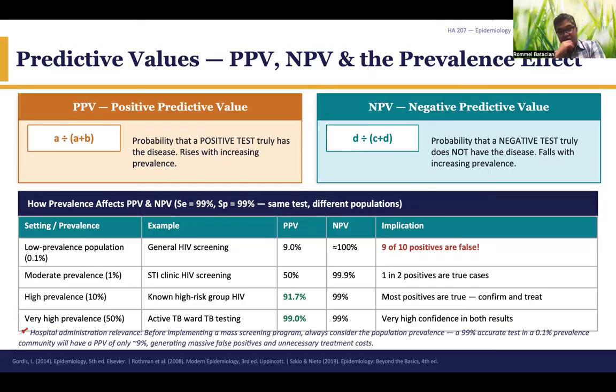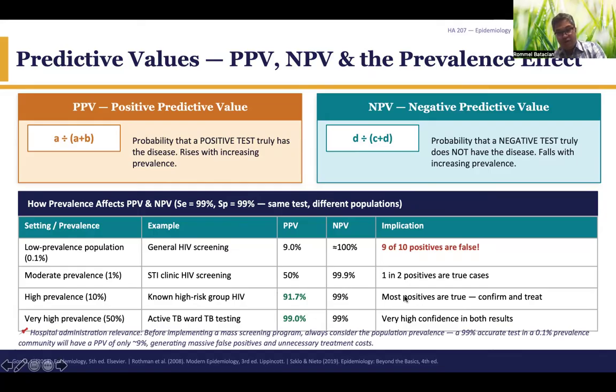Now, this would take intuition and clinical experience from the hospital administrator. For example, the area is of high prevalence, like those with known high-risk groups for HIV. The positive predictive value is now very high, 91.7%, and still a very good negative predictive value of 99%.